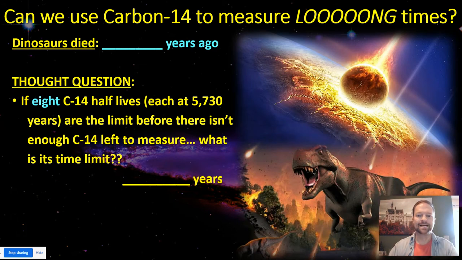Here we go. Can we use carbon-14 to measure really long periods of time? Can I carbon date a T-Rex fossil? Let's compare some numbers now. If the dinosaurs died, how many years ago?